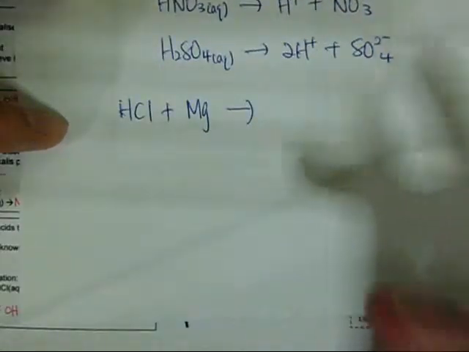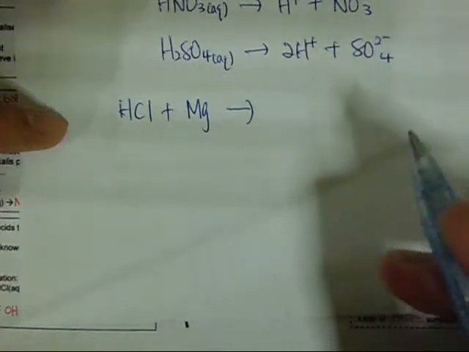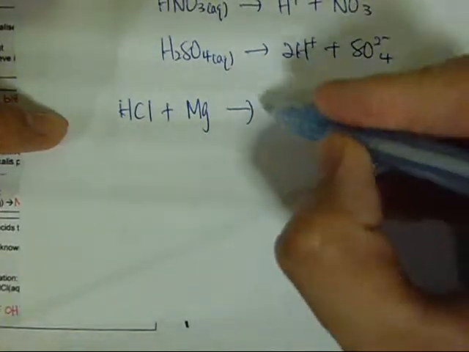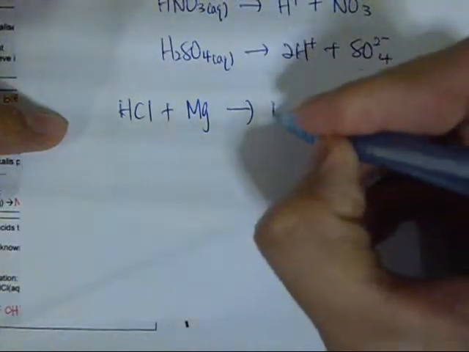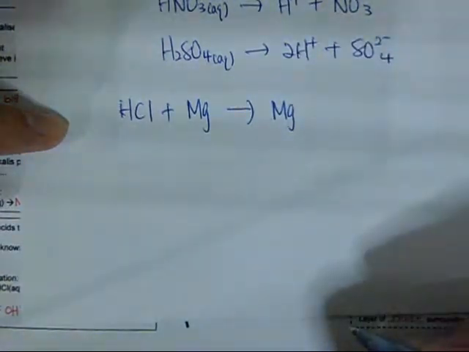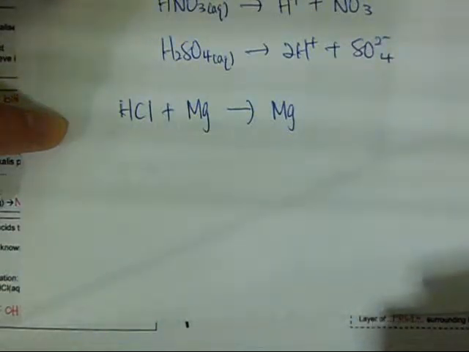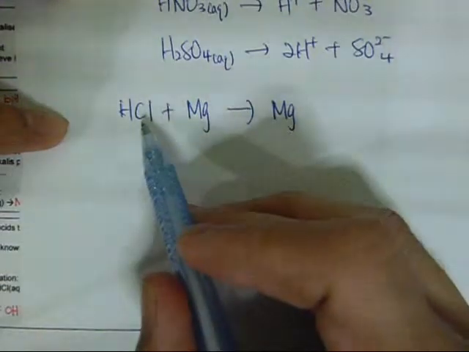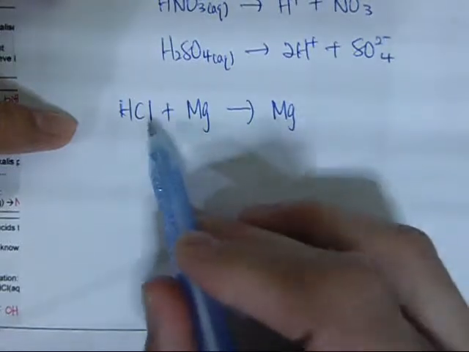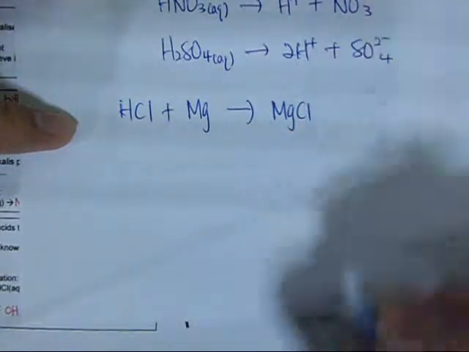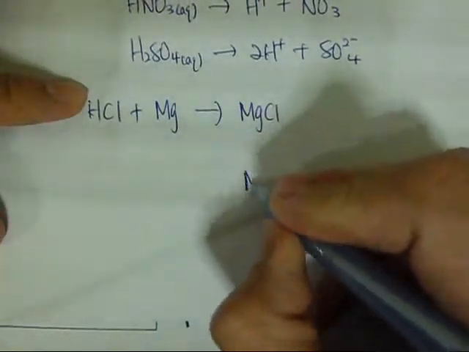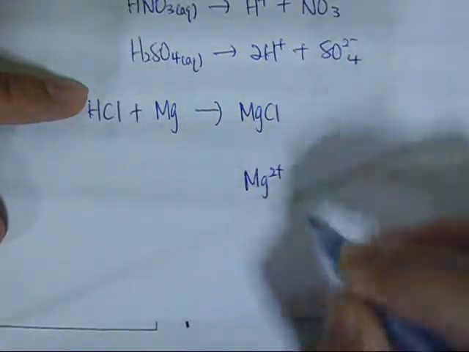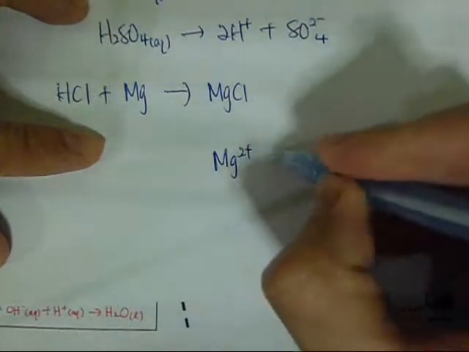So how do you know the name of the salt? The name of the salt must be in two parts. The first part is a metal or ammonium. In this case the metal is Mg. The second part of the name of the salt is a negative ion. In this case it is chloride. Mg is group 2, so it forms an Mg2+ ion.